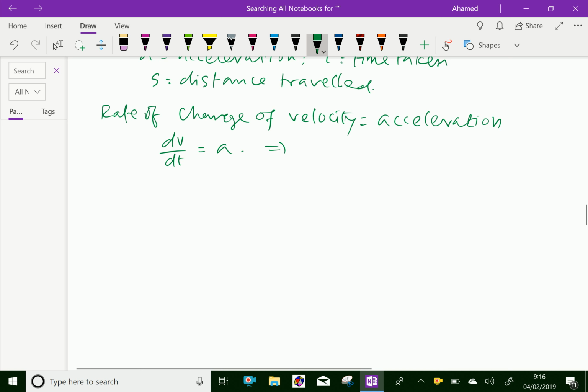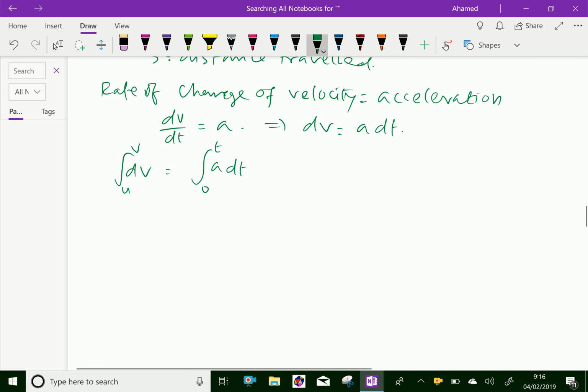From that we can say dv equal a dt. Integrating both sides, dv with initial velocity u and final velocity v equal a dt with 0 to t limit.